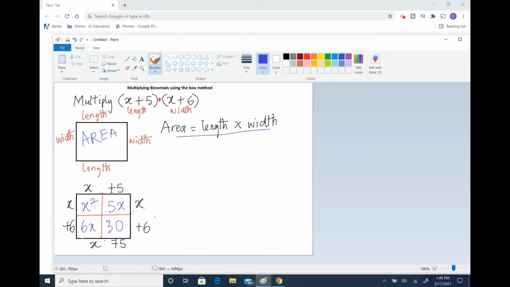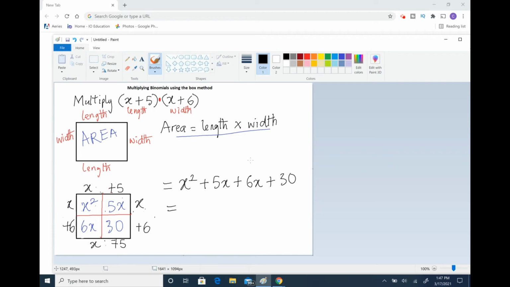Then you find the area of your 4 individual boxes using length times width and the correct mini sides. Now we are practically done. All we have to do is add up all the small areas that we found: x squared plus 5x plus 6x plus 30.